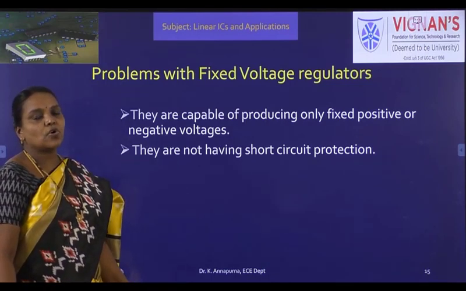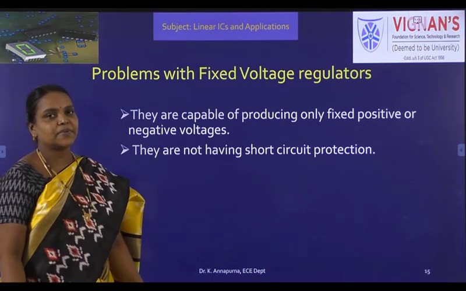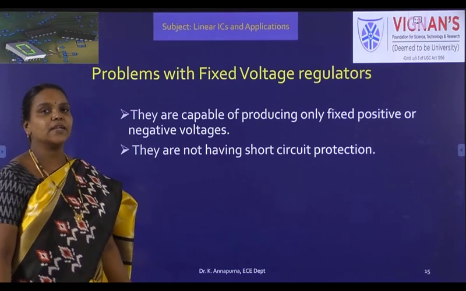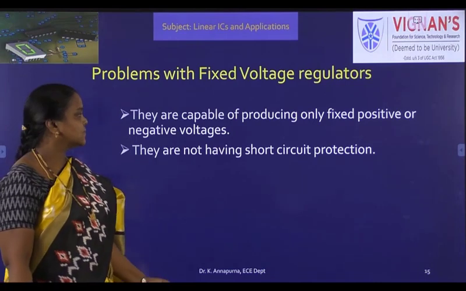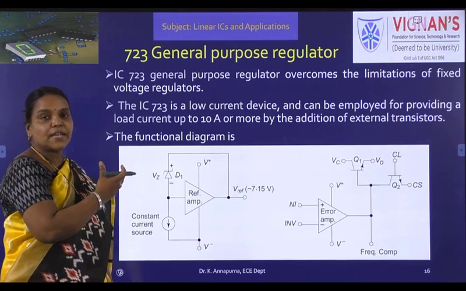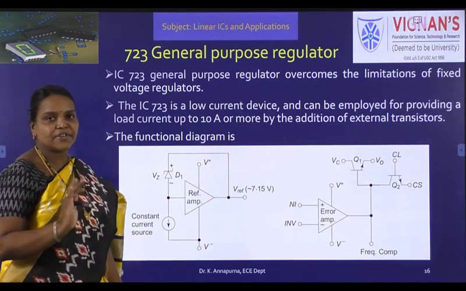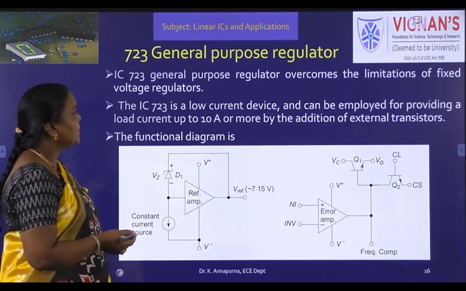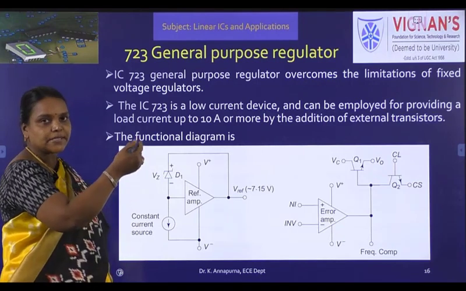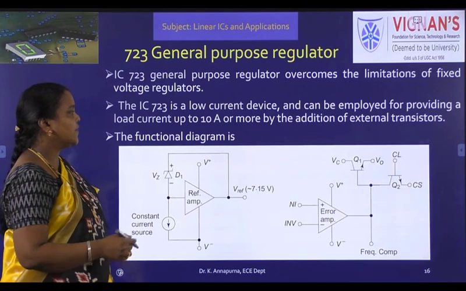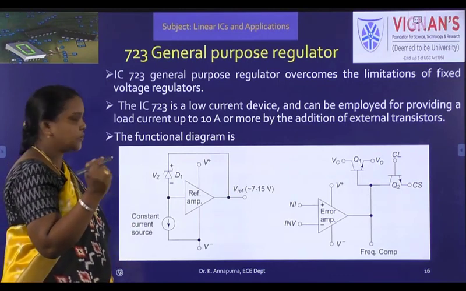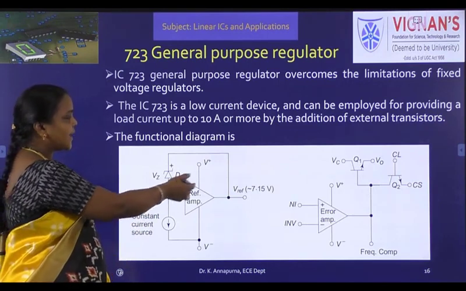Next we will go to the general purpose regulator, which is the variable regulator IC723. It will overcome the limitations of the fixed voltage regulator because its output is not a fixed voltage. It can provide load currents up to 10 amperes with the addition of external circuitry. The functional diagram is like this.